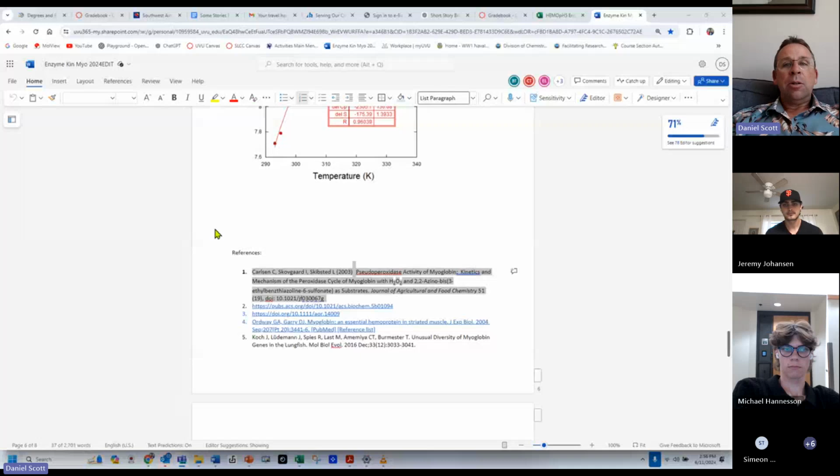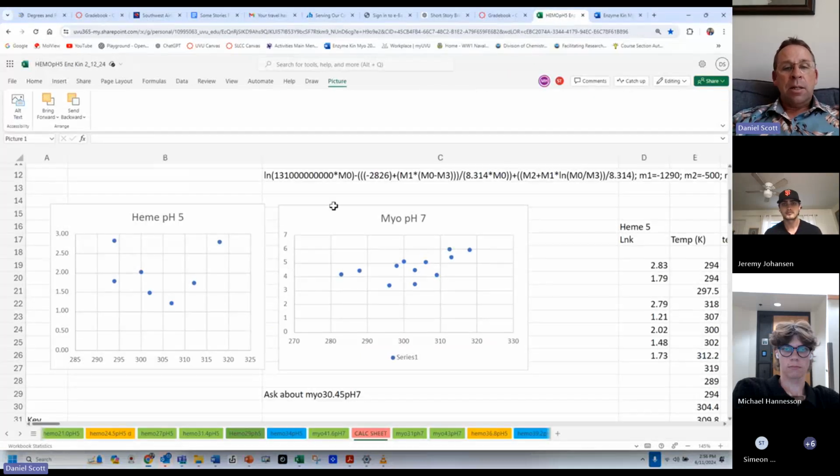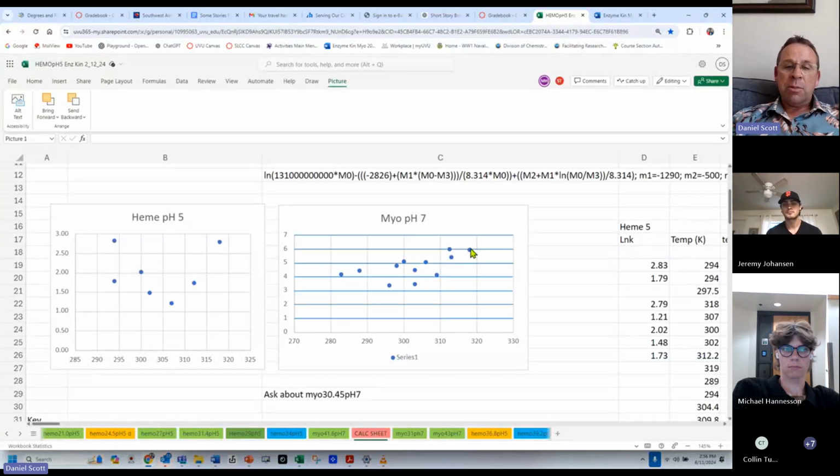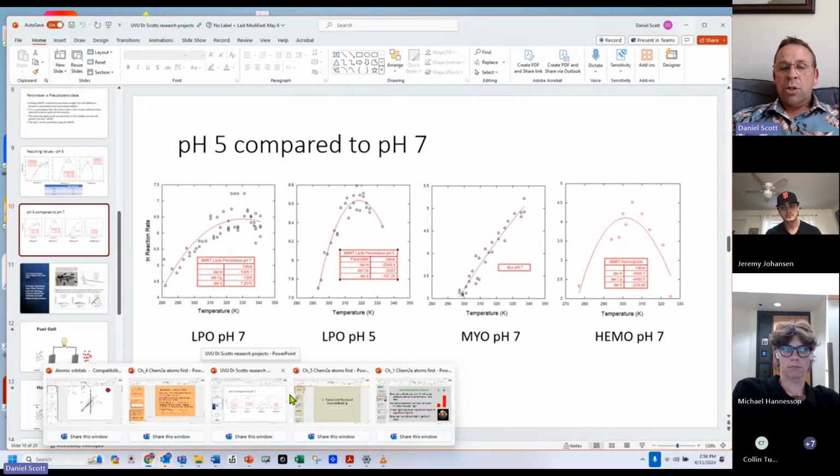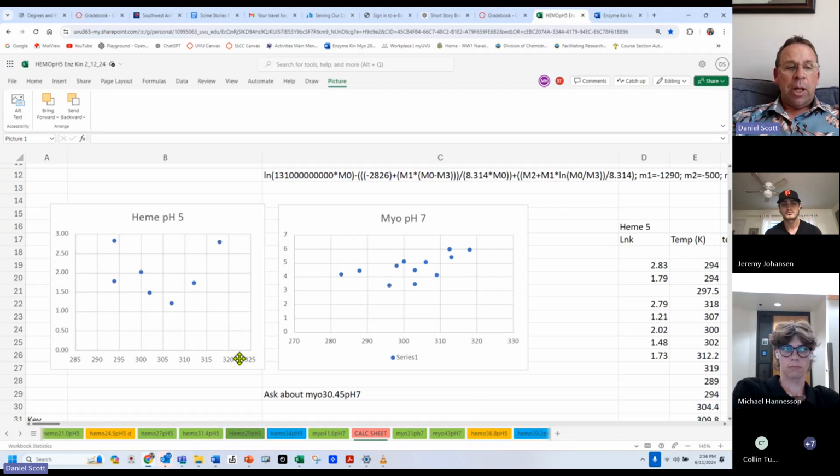Okay. All right. Well, where are we going to spend our time? I think what I want to do at this point, especially with what I've seen with the data thus far, I think the myoglobin pH 7, if this is real, if these points are wrong, if this is real, but we're just having some trouble with something, it still seems like it's pretty linear, which is similar to the data we had previously showing that it was pretty linear.